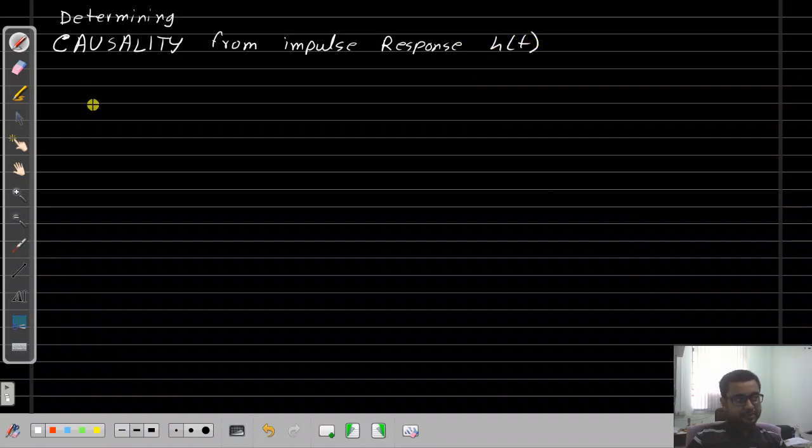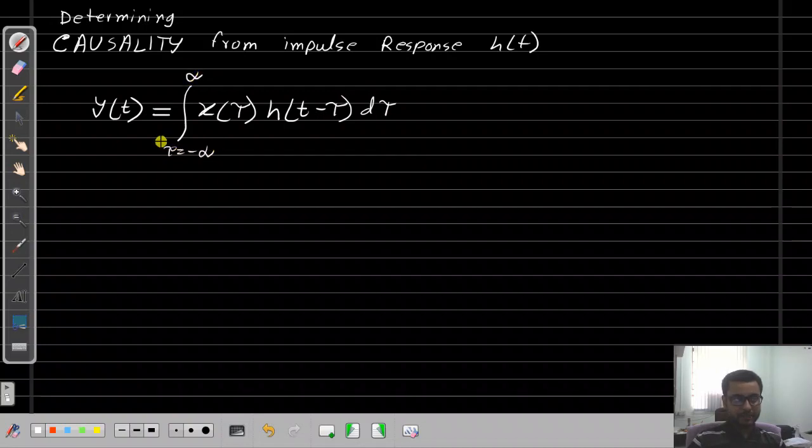It is very simple. Note that output y(t) is given as the integration of x(tau) h(t minus tau) d tau, tau running from minus infinity to plus infinity.